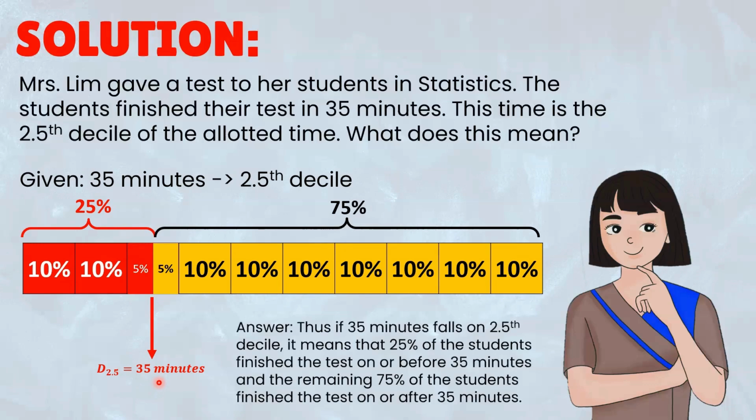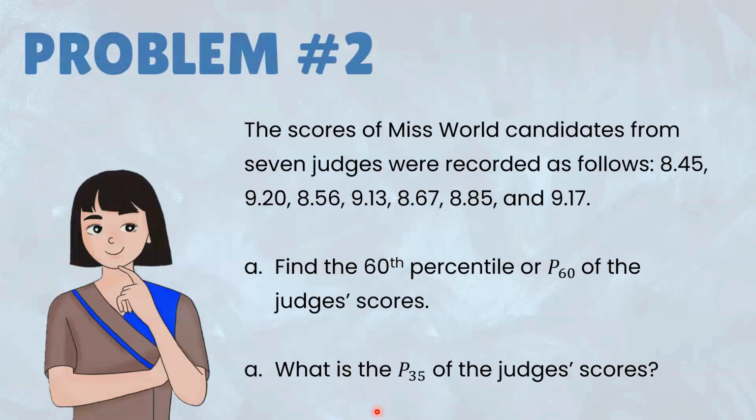And so for our answer, thus, if 35 minutes falls on 2.5 deciles, it means that 25% of the students finish the test on or before 35 minutes, and the remaining 75% of the students finish the test on or before 35 minutes. All right, let's proceed to our second problem.